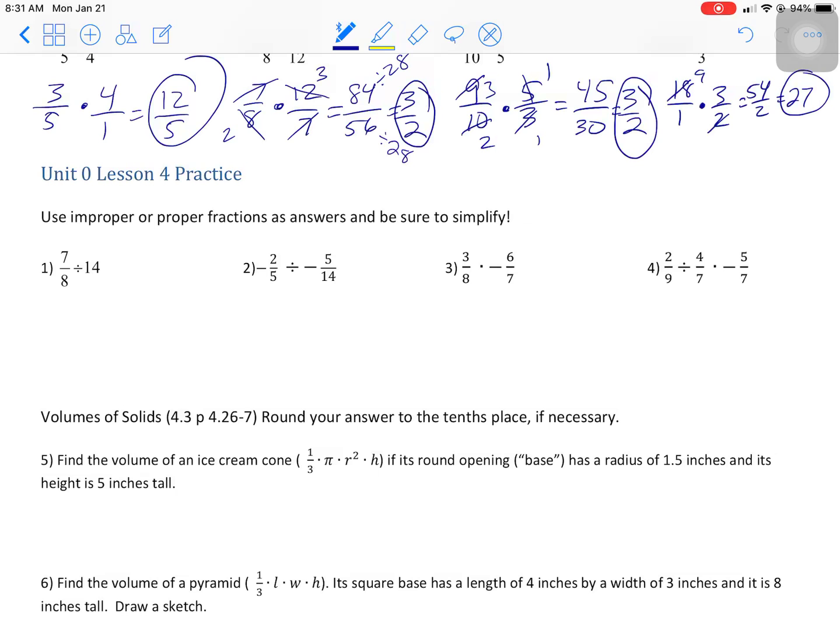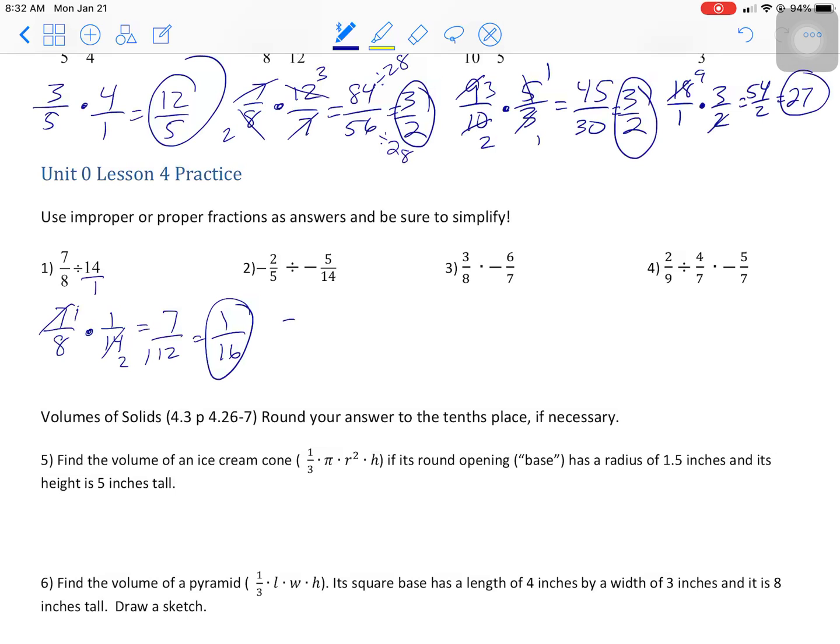Improper fractions or proper fractions as answers. Be sure to simplify. So fraction divided by a whole number. You're still, remember this is this. So you're still flipping here. Okay.